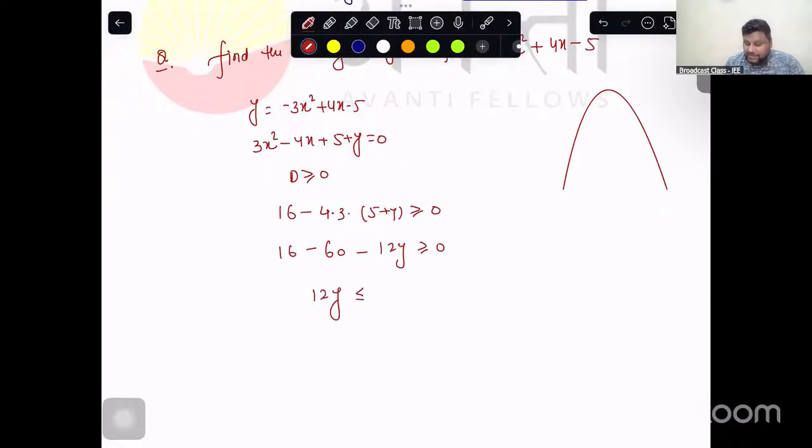So 12y less than or equal to minus 44. So y is less than or equal to minus 44 by 12. That means y is less than or equal to minus 11 by 3. So your range comes minus infinity to minus 11 upon 3.